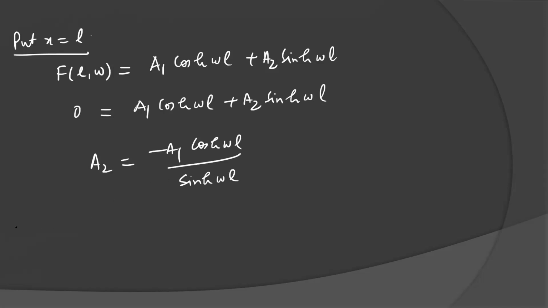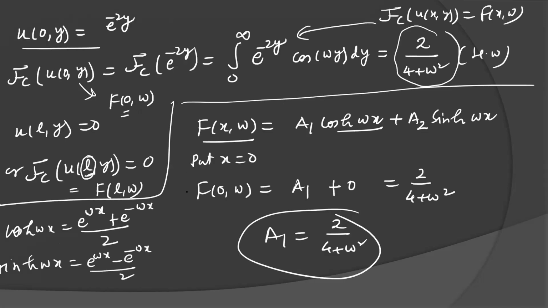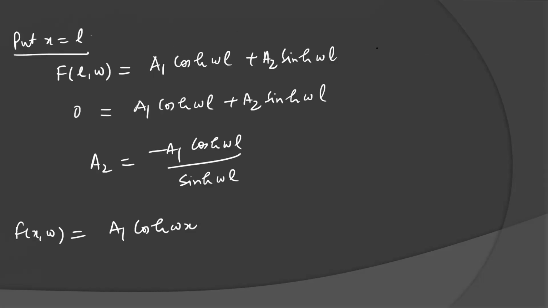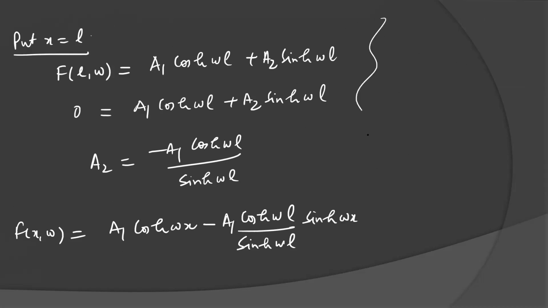Put the value of A1 and A2. So f(x, omega) will be A1 cos hyperbolic omega x minus A1 cos hyperbolic omega L over sin hyperbolic omega L times sin hyperbolic omega x. Now we can take something common: A1 is common.